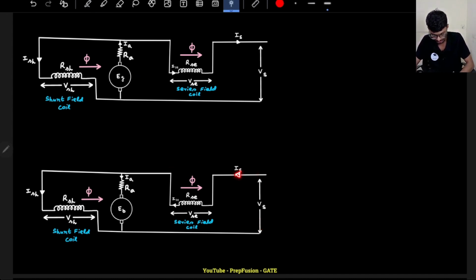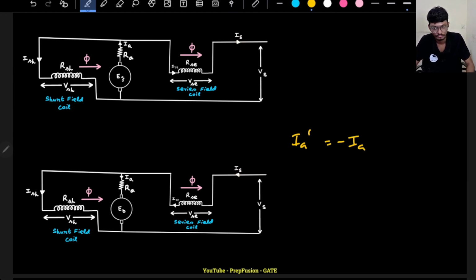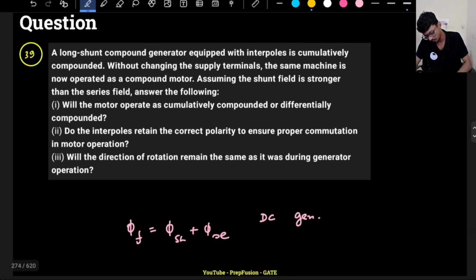Then the current direction will change. Previously the current direction was here, now the current direction has changed, correct? So armature current direction Ia dash will be minus of Ia. Okay, that is one thing, right? So if Ia dash is minus of Ia, then we will discuss what they are asking.